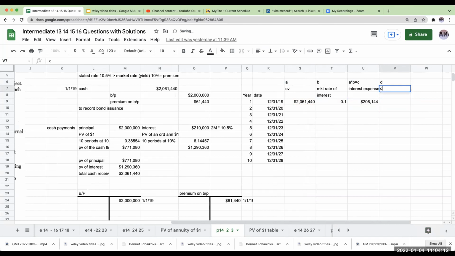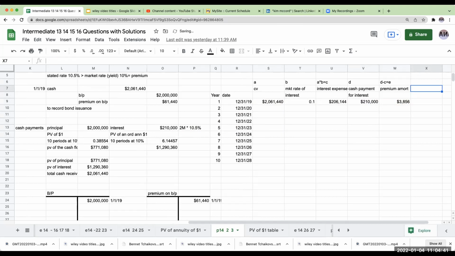I compare this to my cash payment for interest, which is going to be the face value times the stated interest rate, or 10.5%. So my premium amortization is going to be $3,856.